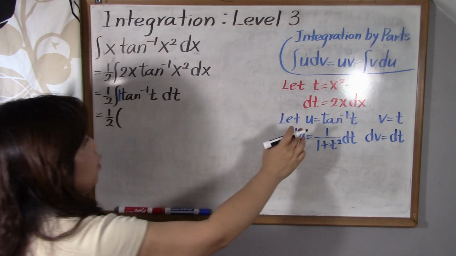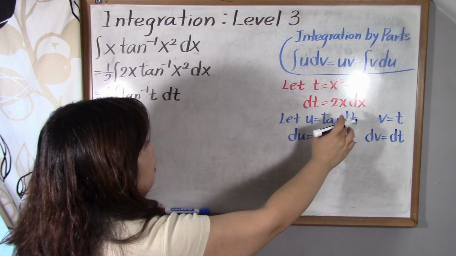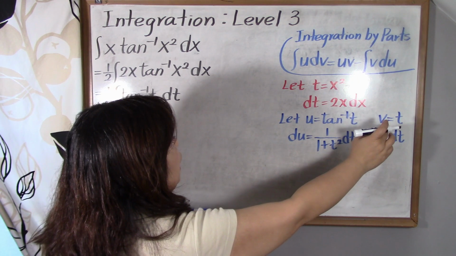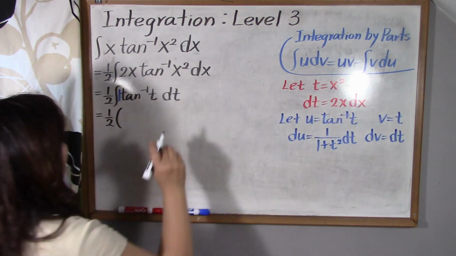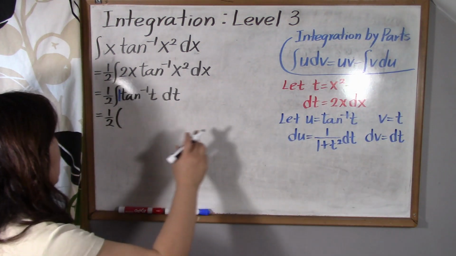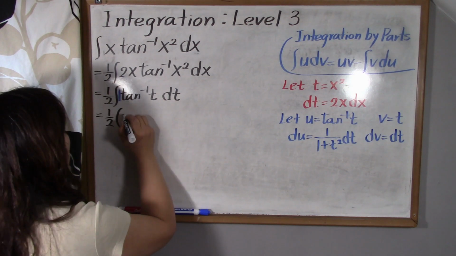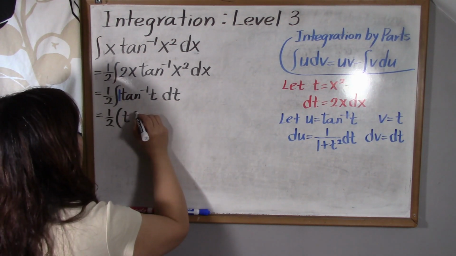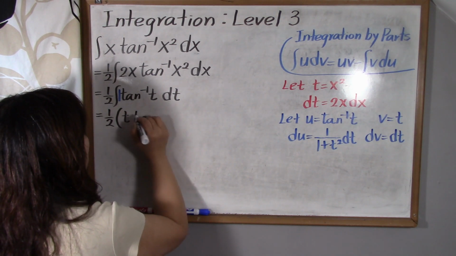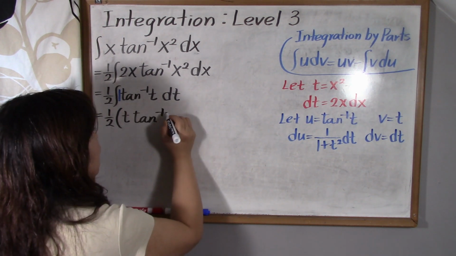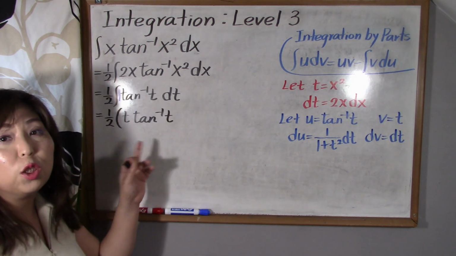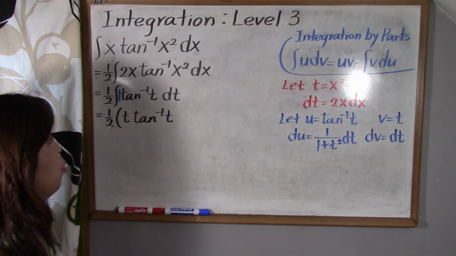So uv. What is uv? u is inverse tangent of t, and v is equal to t. However, I want to bring t in front of inverse tangent of t, since this looks much better.